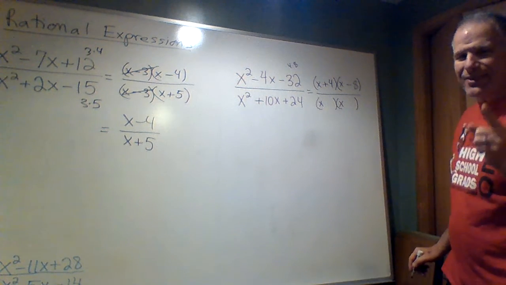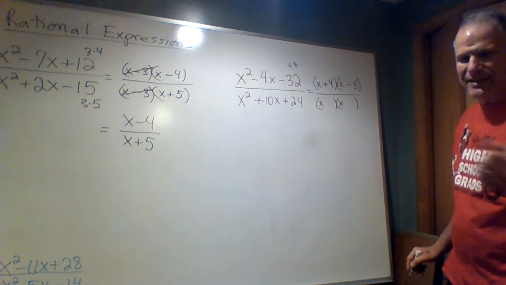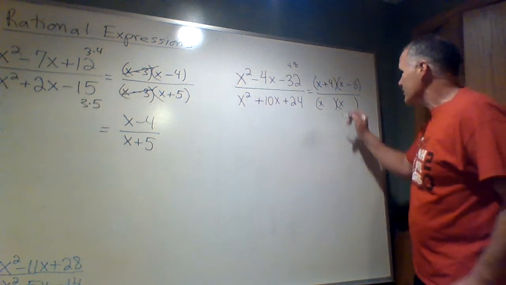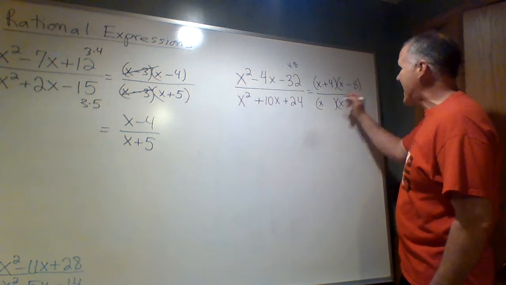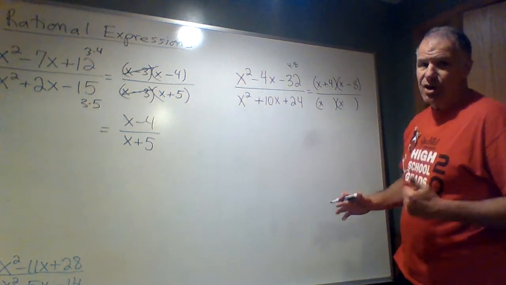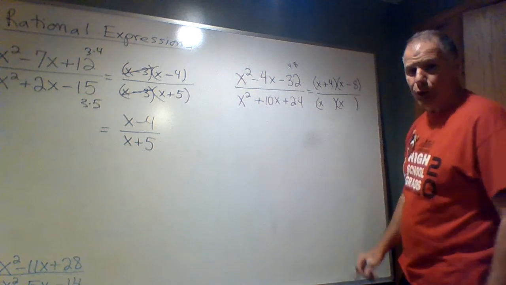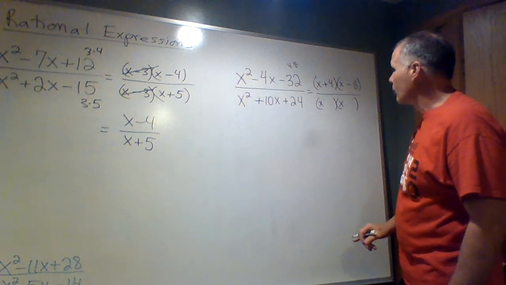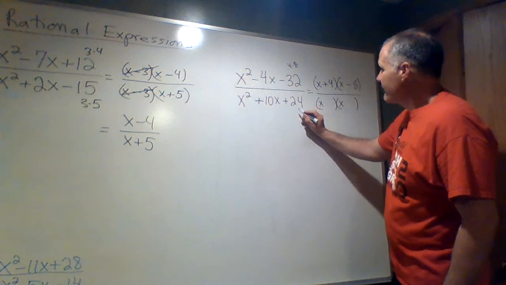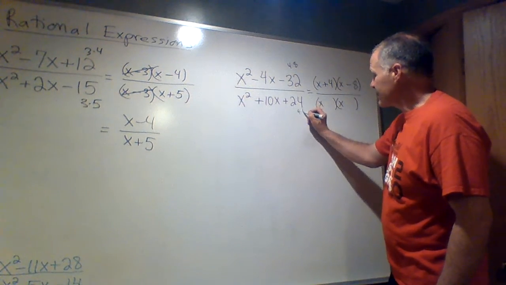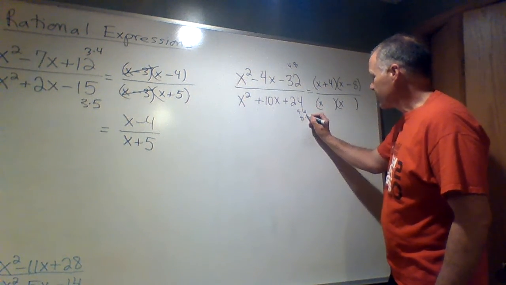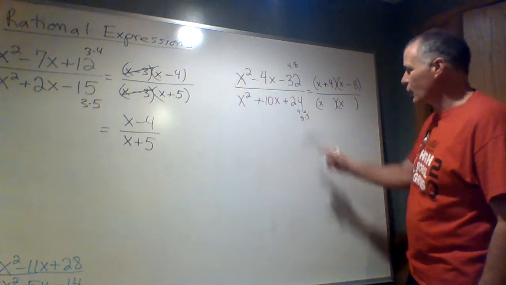Now here's the thing. This one has a shortcut, but it's not as obvious because 4 goes into 24 and 8 goes into 24. So I know that I either use a 4 or an 8. Now 4 goes with 6, and 8 goes with 3. So it's going to be one of these two.